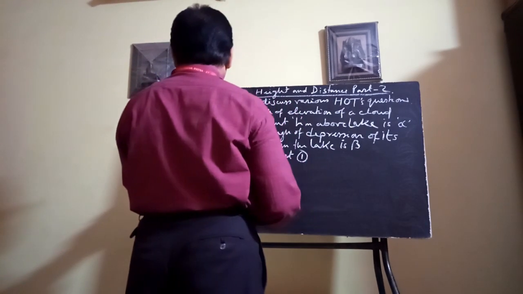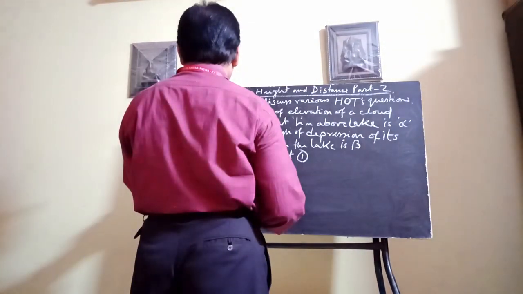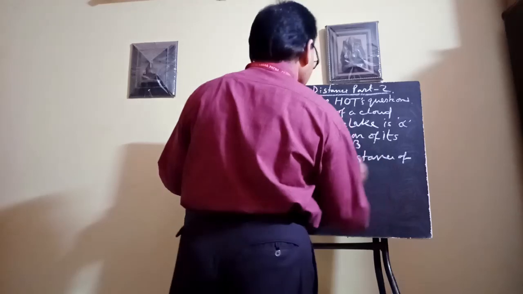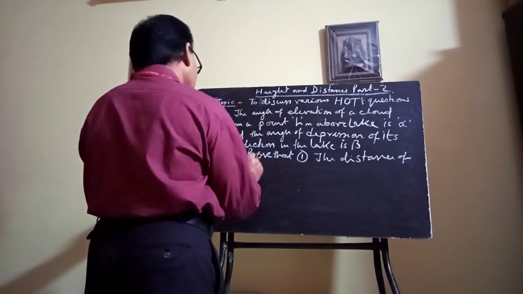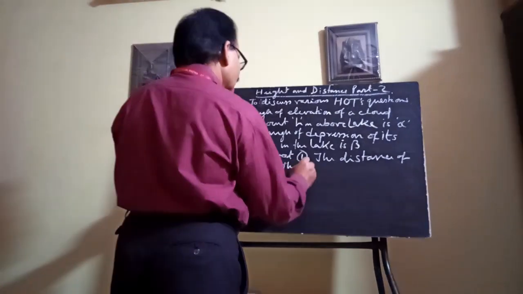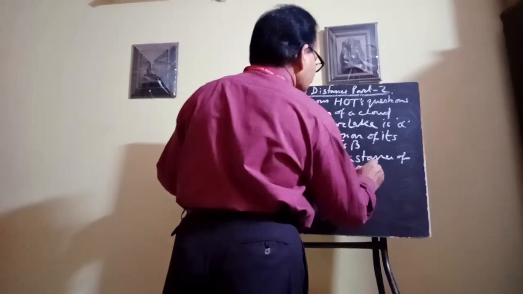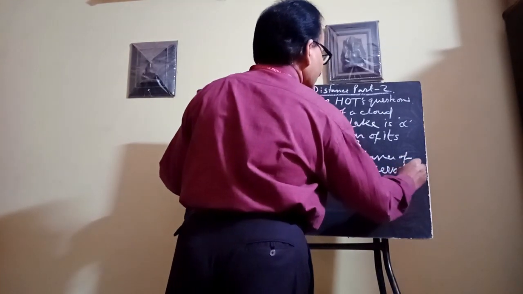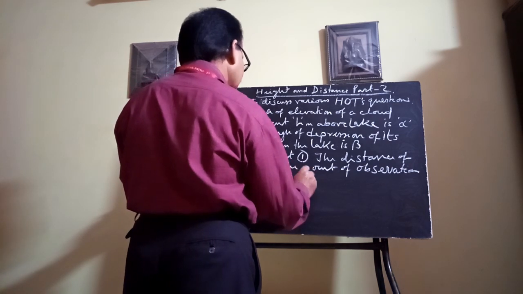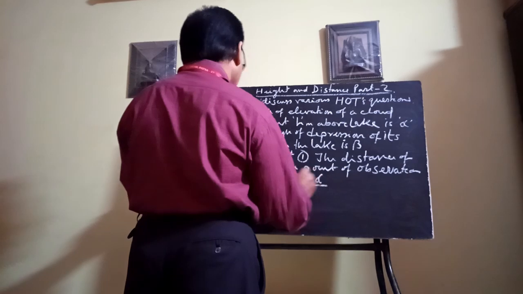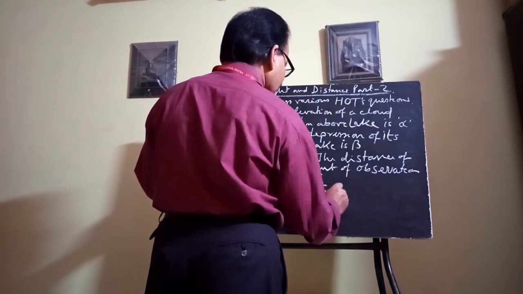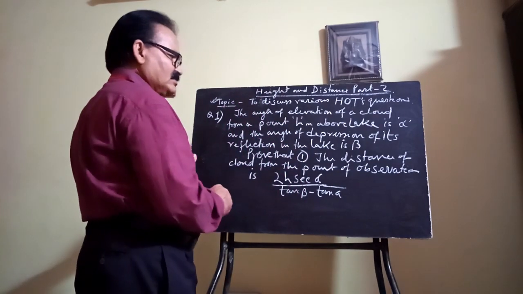Prove that the first one is the distance of the cloud from the point of observation is 2h sec alpha divided by tan beta minus tan alpha. This is your first question for proving.